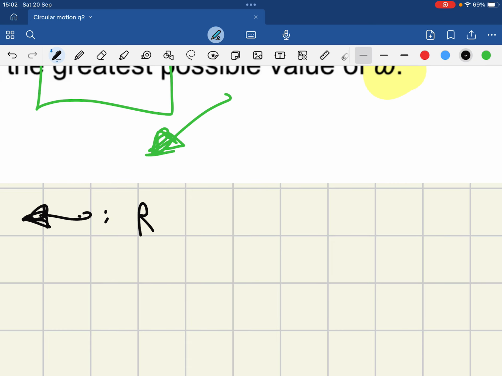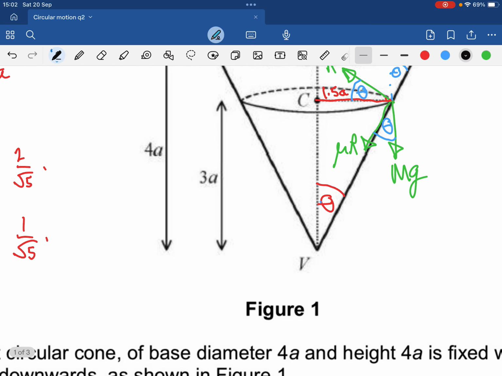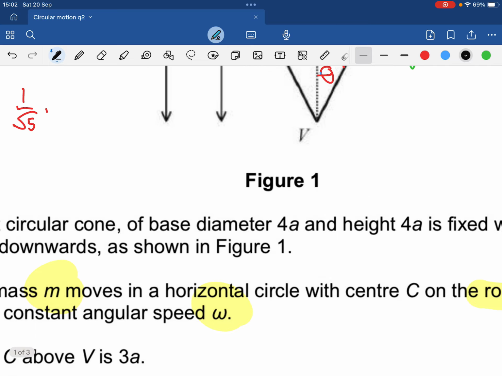Zoom in, R cosine theta. And this time it's a bit different to the vertical one. You also have the horizontal component of mu R acting radially inwards. It's a mu R sine theta.